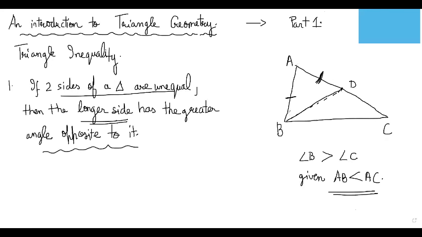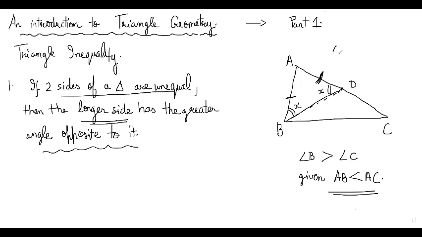Then ABD is an isosceles triangle, so the angle at D is equal to the angle at B of that triangle; call them X and X. Now you also know the exterior angle theorem: the exterior angle of any triangle is equal to the sum of the interior opposite angles, right?